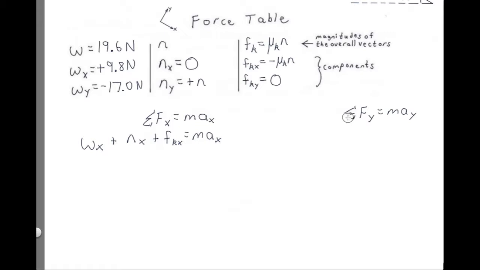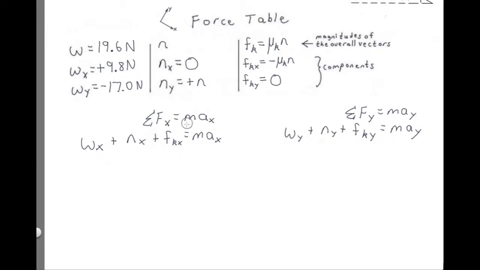And again, this sigma symbol tells us to add. Here we add all the individual y components of the forces: W sub y plus n sub y plus f sub ky.